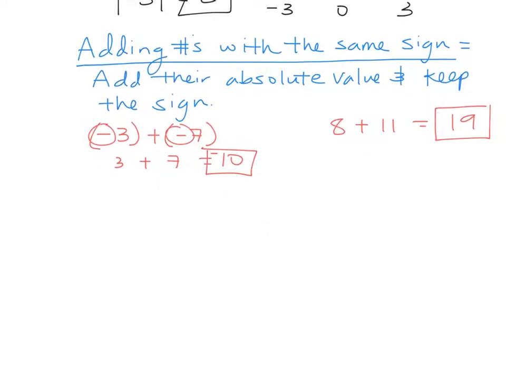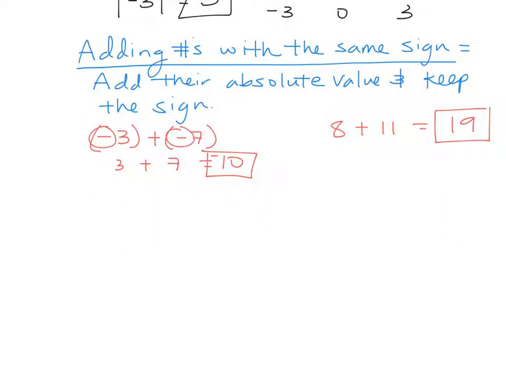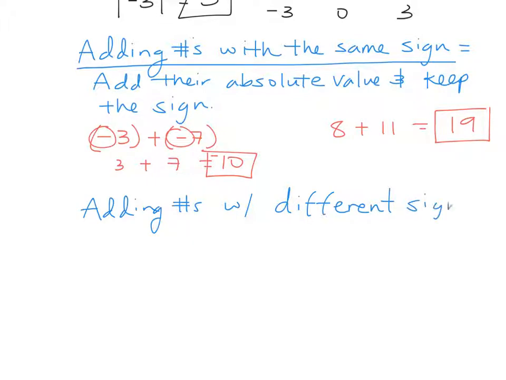The second one is the one that tends to give people a little more trouble, and this is adding numbers with different signs. Okay, so if I'm going to add a positive to a negative or a negative to a positive, okay, when they have different signs, what you do is you actually subtract their absolute values. So you're adding, but you're going to be subtracting.